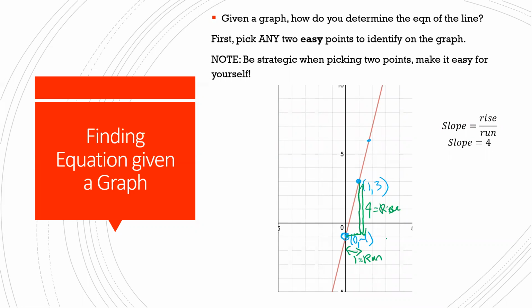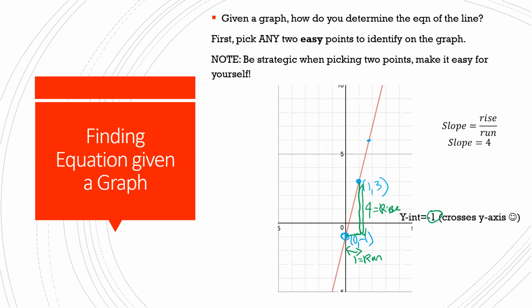And that gives me my slope of 4. And my y-intercept, I already identified, is negative 1. So it's 0, negative 1, but when we write the equation, I just write negative 1. I don't have to worry about the 0 when I'm subbing the y-intercept into the equation.